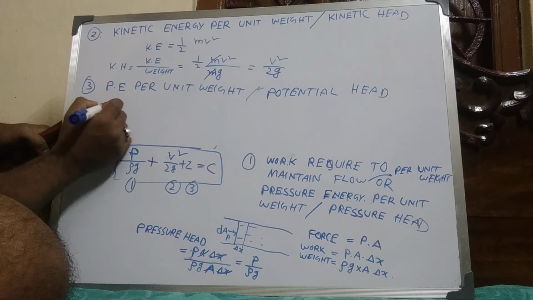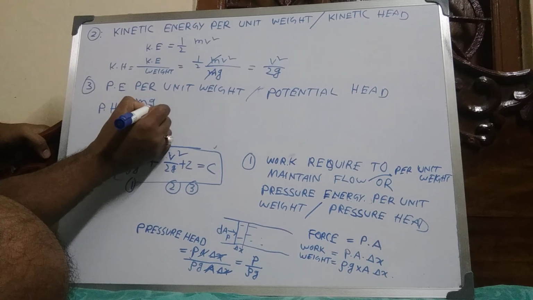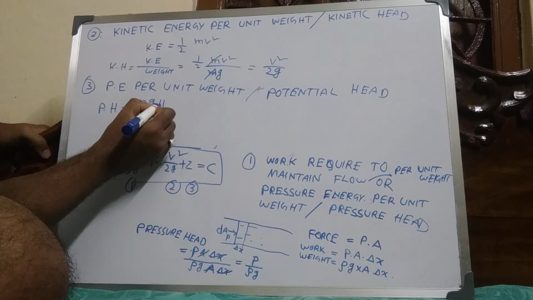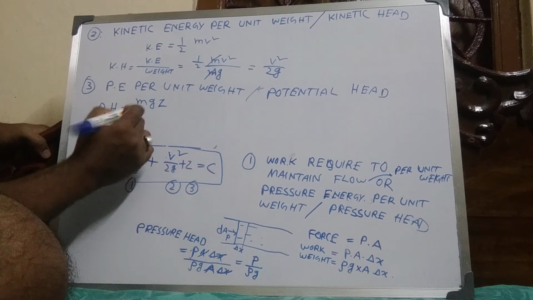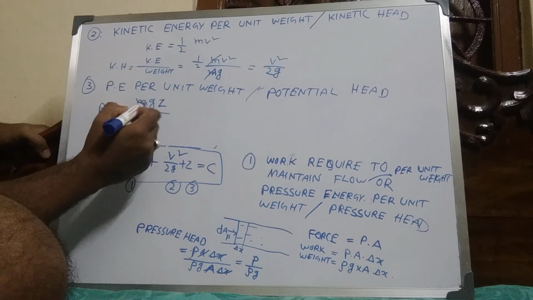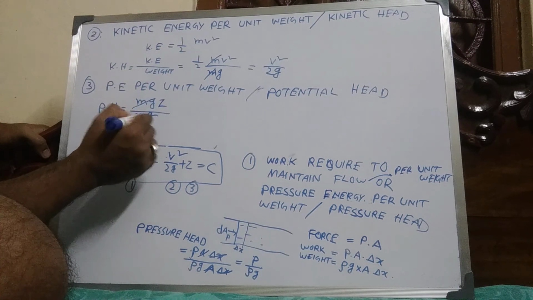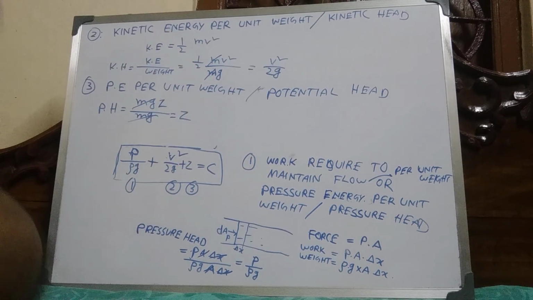Potential head equal to potential energy mgz, where height is z, divided by weight mg. So mg cancels out, so potential head equal to z.